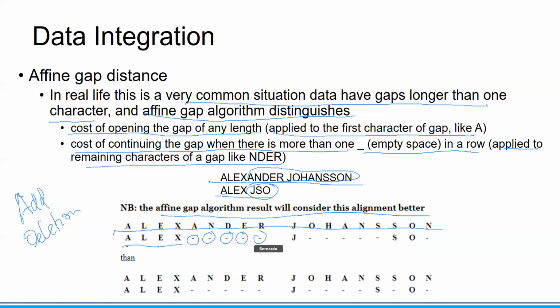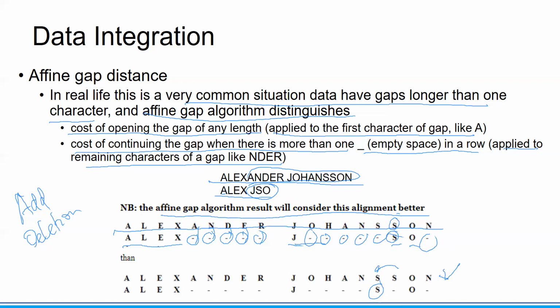This empty space means I have a mismatch, 1, 2, 3, 4, 5 like this, and I have Johansson because I have J, then S, then O, and then I will also have an empty space here. So this one is better than this one, because the first S is in the first letter S, and this S is in the second letter S.